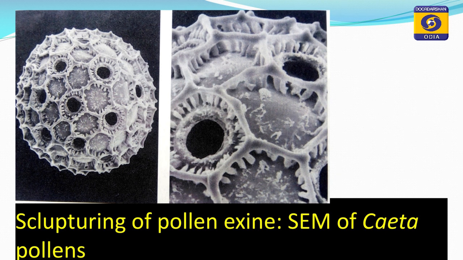You can see the exine, because of sporopollenin, is variously sculptured. The outer coating has ridges, furrows, lines and so many things.